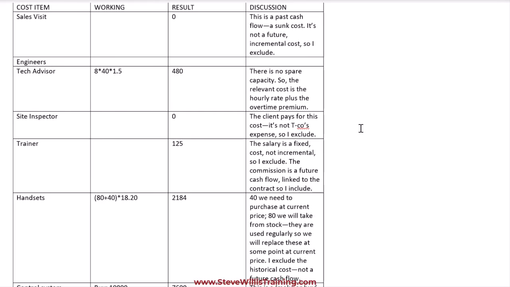So now I'm starting to think that we have some lost contribution that's going to be relevant. Then I discover that we will pay a penalty if we take the push job because we will finish this current job late. So that penalty is a relevant cost. It's a future incremental cash flow.